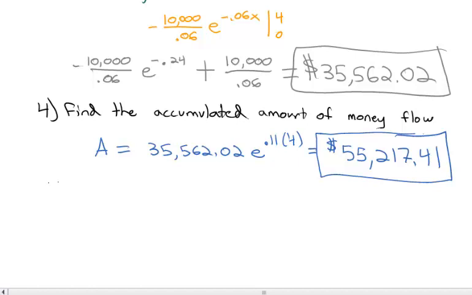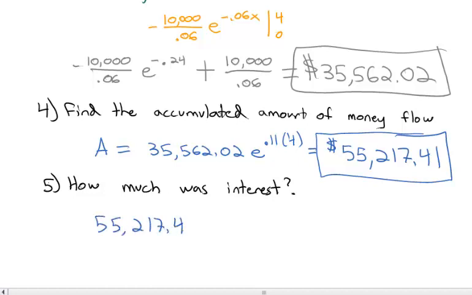So money comes in over the next 4 years continuously using this equation. After 4 years, it's now worth $55,217.41. So how much was interest? Well, we take the total money that came in, 55,217.41.